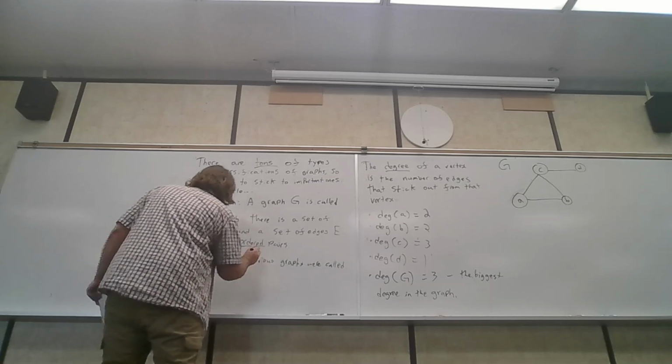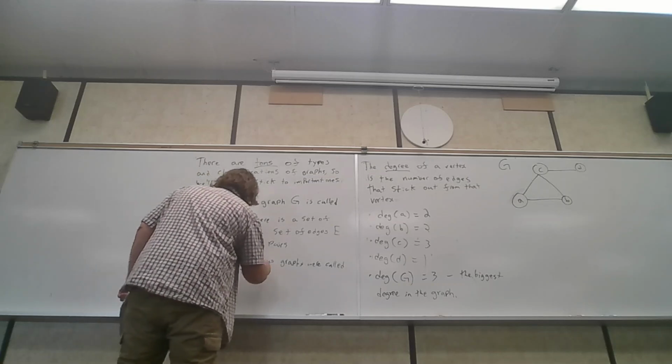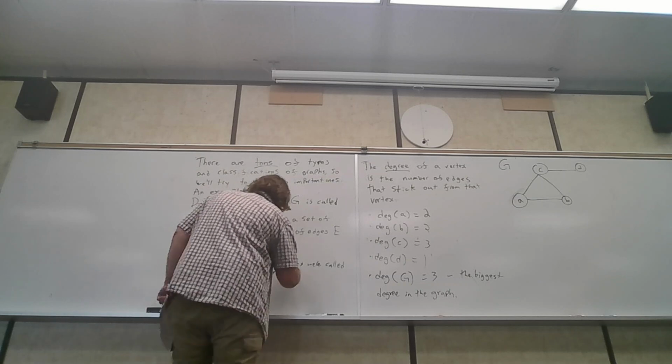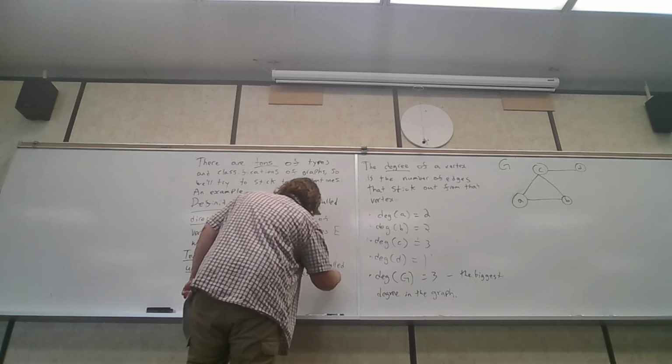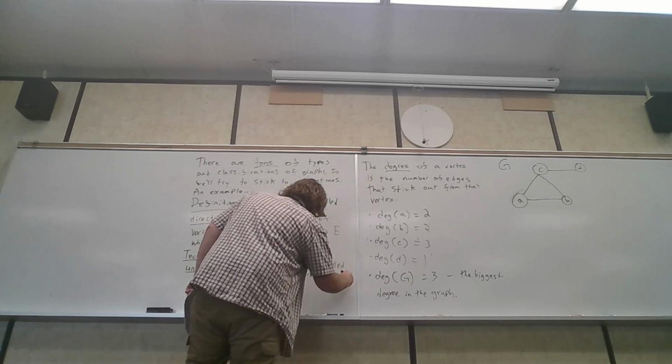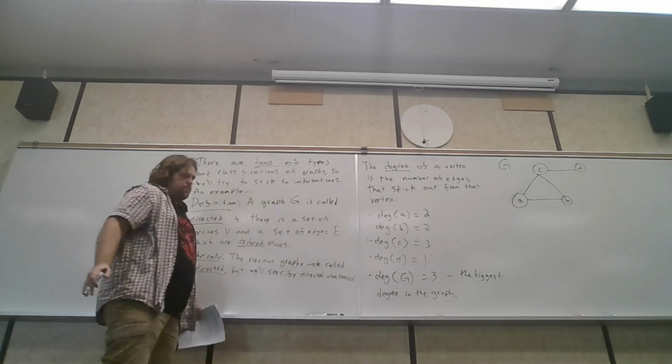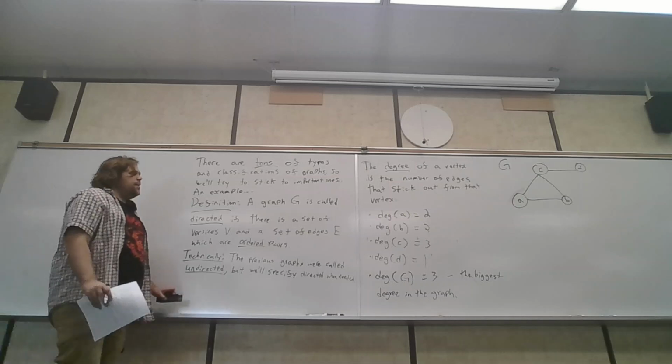But we'll only specify directed if we need to. So that means if I say a graph, you can assume it's not this type. It's going to be an undirected one.